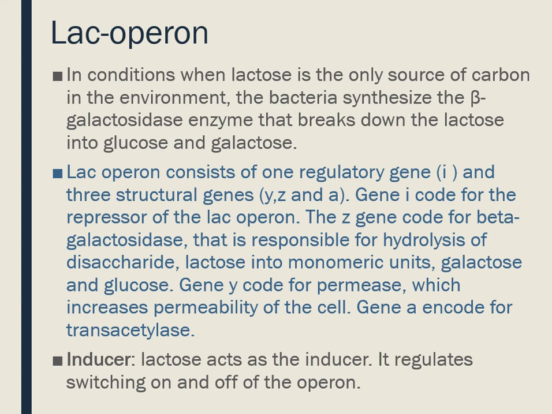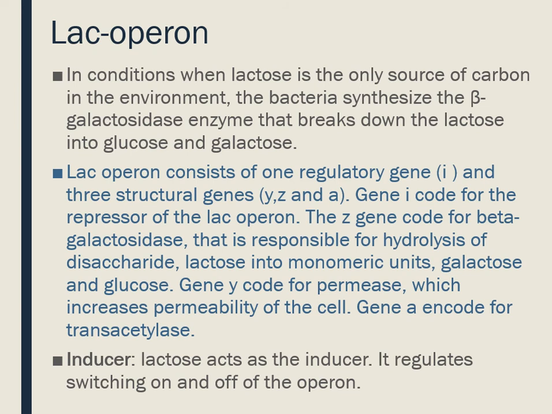Gene I codes for the repressor of the lac operon. The Z gene codes for beta-galactosidase, that is responsible for hydrolysis of the disaccharide lactose into monomeric units galactose and glucose. Gene Y codes for permease, which increases permeability of the cell.